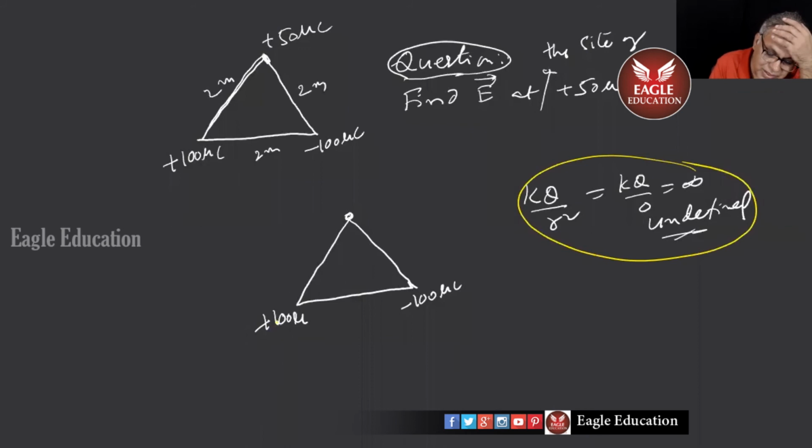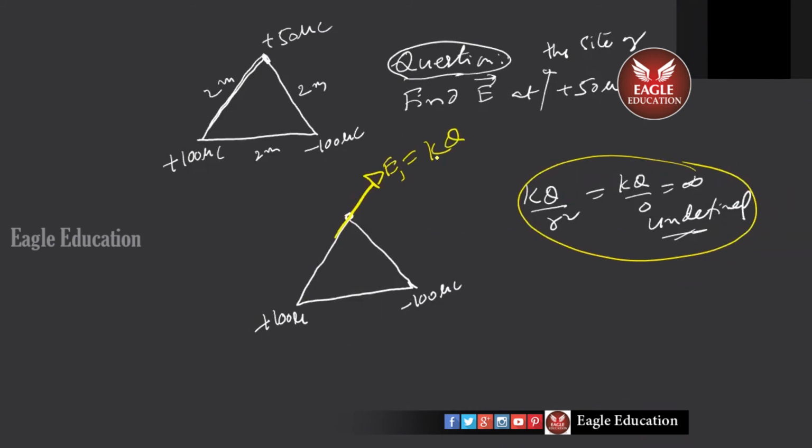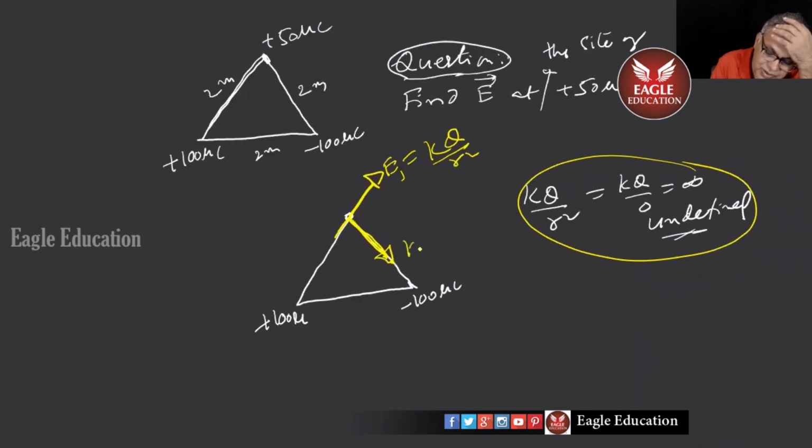So plus 100 field will be which way? This way. E1. How much is that magnitude, children? K Q by R square. And because of minus 100, it will be this way. How much is this? K Q by R square magnitude wise. What is the angle between them? 120. So where is the net field?